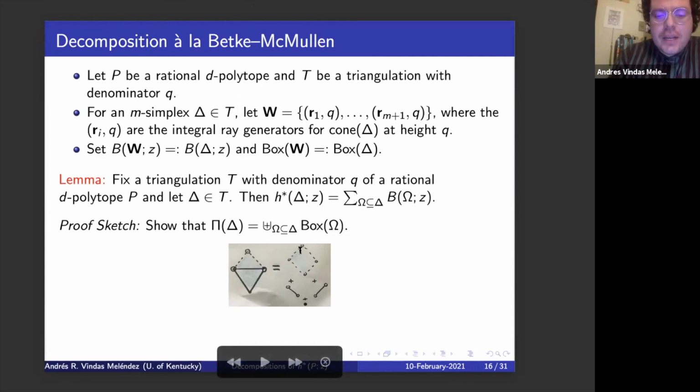Here we have our original simplex, and we're taking the fundamental parallelepiped, and all boxes corresponding to the subsimplices of my original simplex.